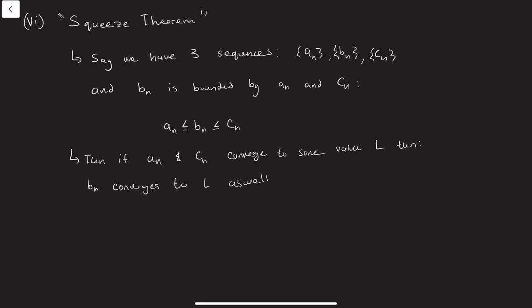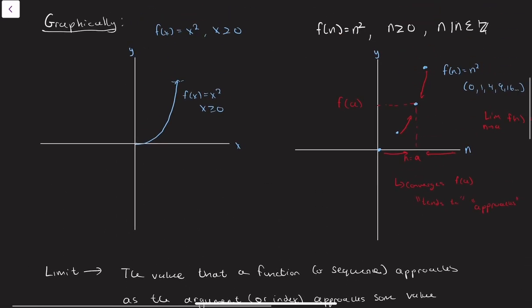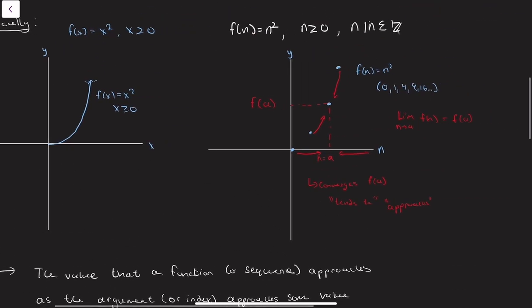So what does that kind of look like? Recall, as we were talking about convergence, if a function is approaching a specific value at a certain index, then it converges.